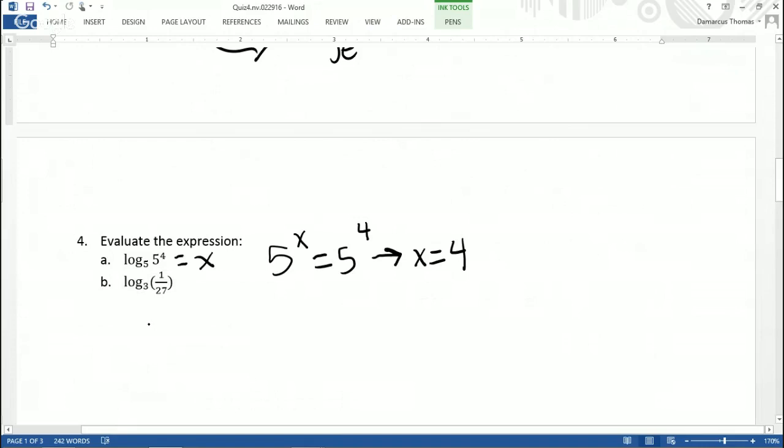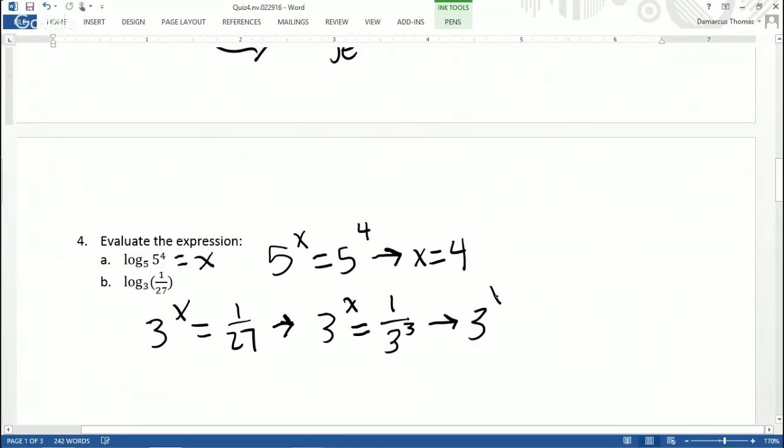And same idea here. 3 to the x power is equal to 1 over 27. We can rewrite this. So that implies, I'll put an arrow, 27 is really 3 cubed. And one more step, we can write this as 3 to the x is equal to 3 to the negative 3.